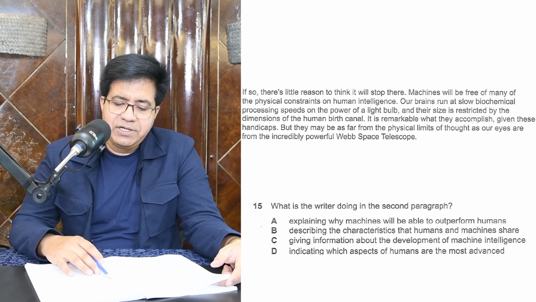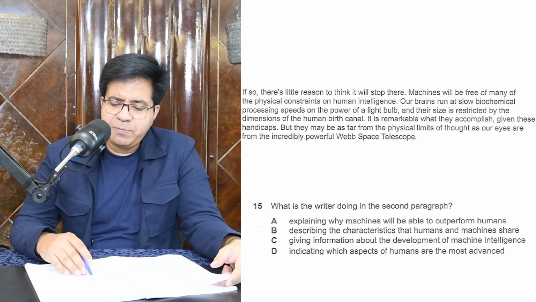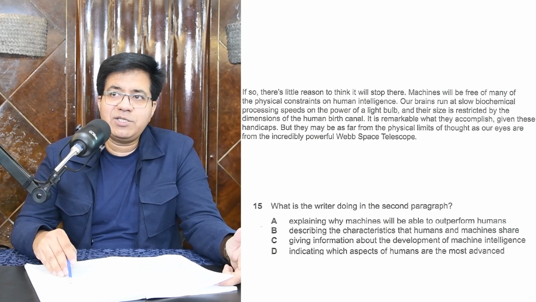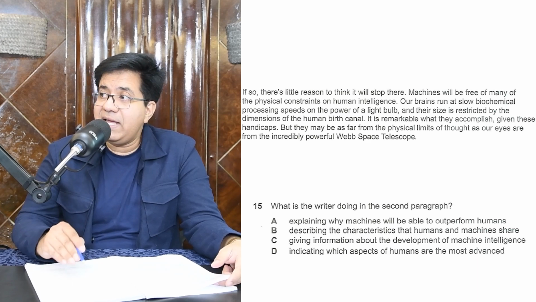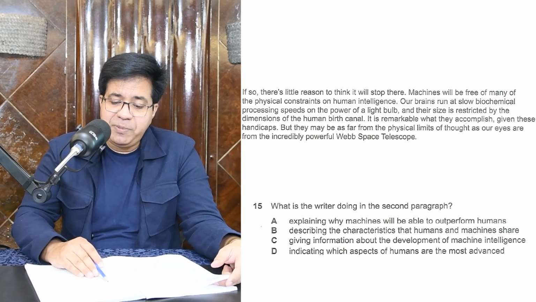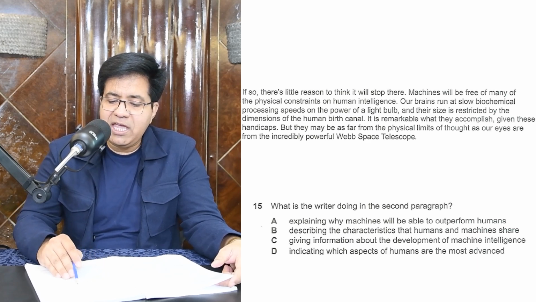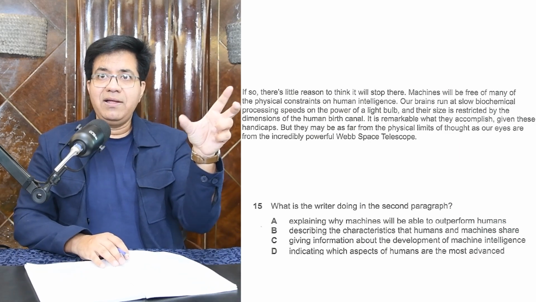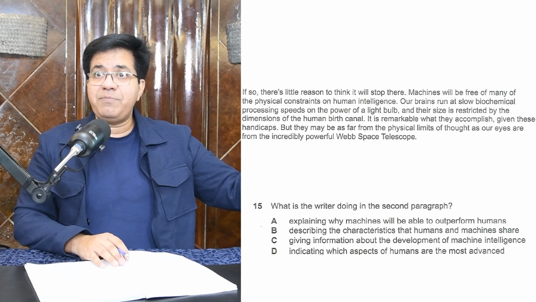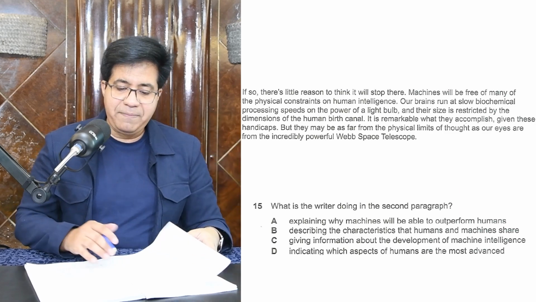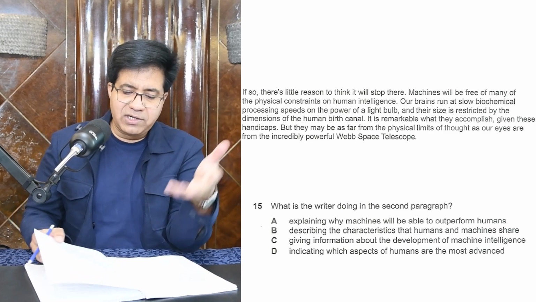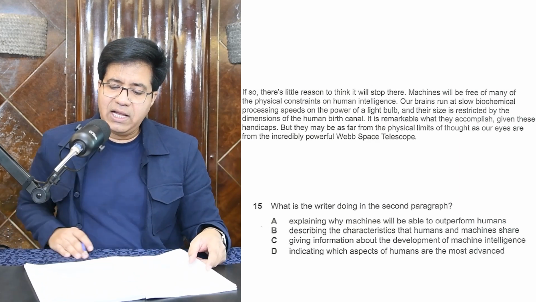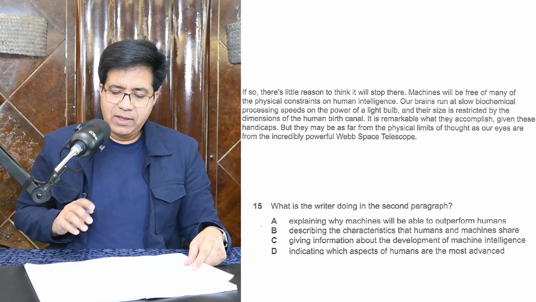No. Option D, indicating which aspects of humans are most advanced. No, he's just telling us about the size. So the correct answer is option A, explaining why machines will be able to outperform. And why? Because human brain size is limited. Machines may have unlimited brain size and they can perform even better. And the human brain works like a light bulb, he mentioned. And the machines can perform better. Correct answer is option A.